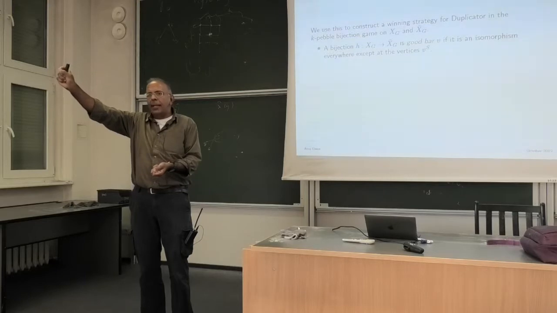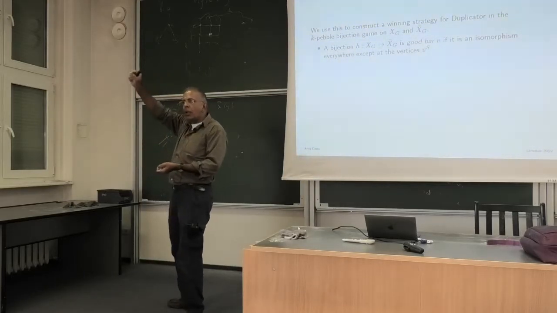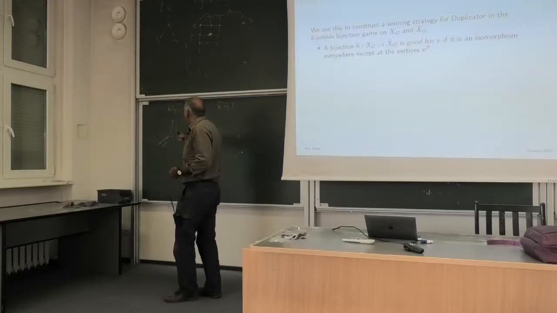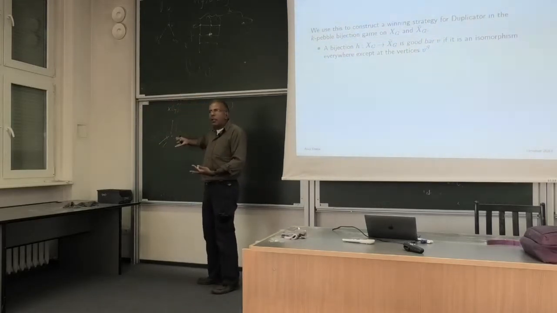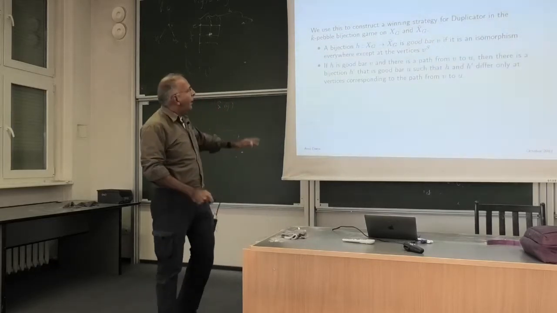And this hiding is exactly the cops and robbers game on the original graph G. There's one node in the original graph G where the inconsistency is. You're hiding it. And the k current pebbles in the bijection game, you think of as a cop position on that original graph. Okay?